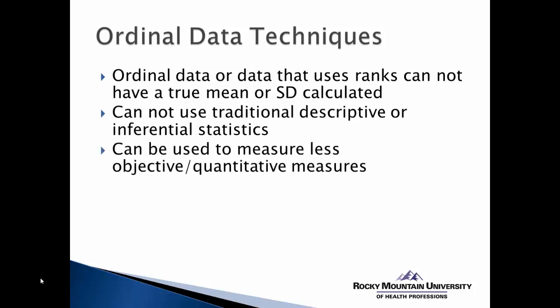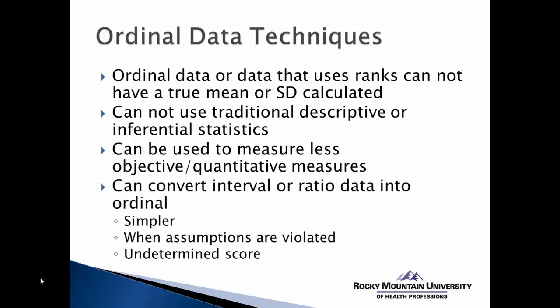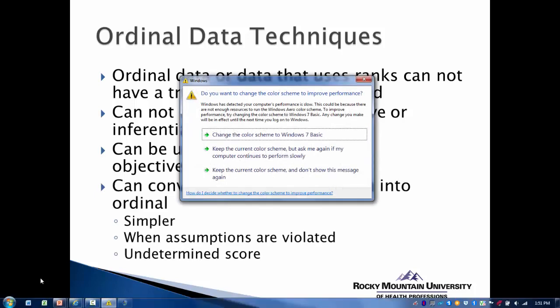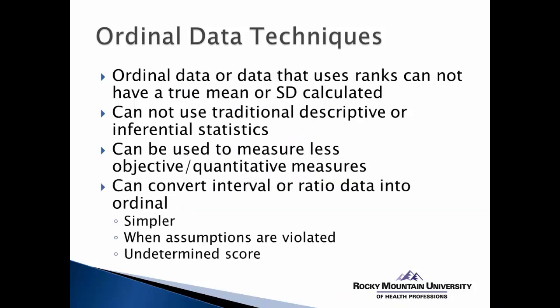We can use these ordinal data techniques to measure things that might be a little less objective or a little less quantitative. In other words, they're not interval or ratio scale. They might be ordinal scale data like ranks. Now, if we have interval or ratio data that is skewed, in other words, it doesn't meet the assumption of a normal distribution, then we can also use these ordinal data techniques to analyze that type of data.